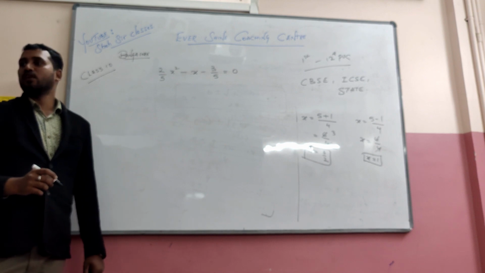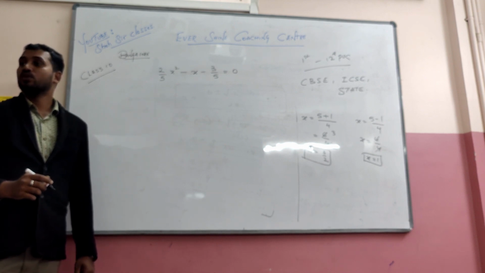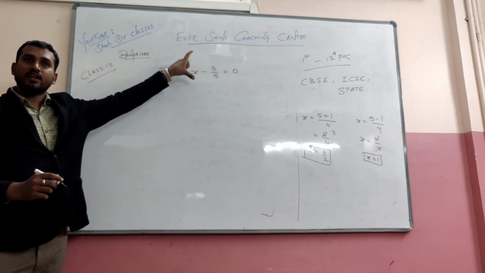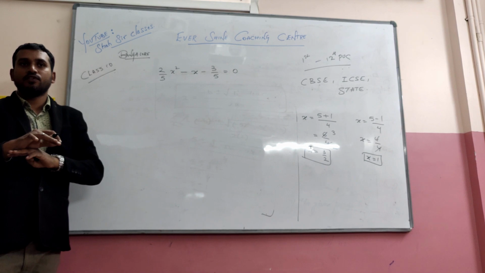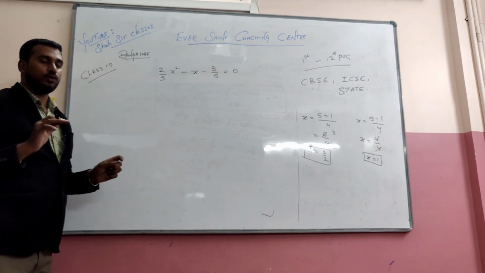Is it in the standard form? No. So first what should we do? Take LCM, simplify, convert that into the standard form, then simplify the answer. How? Observe. This one step I will show you.